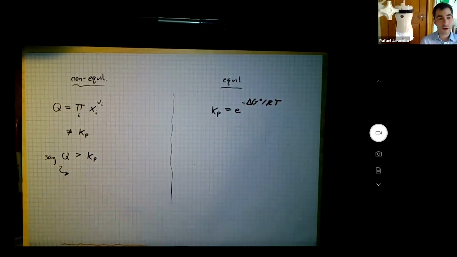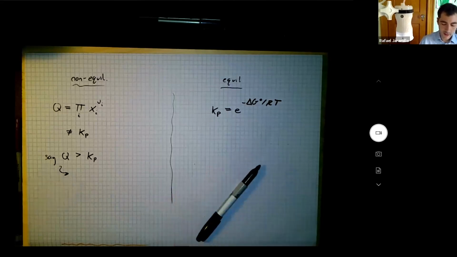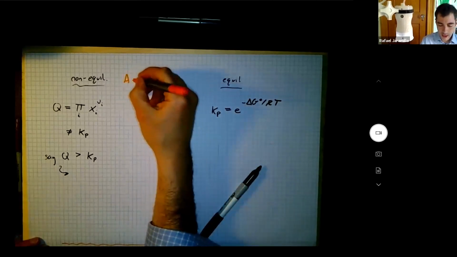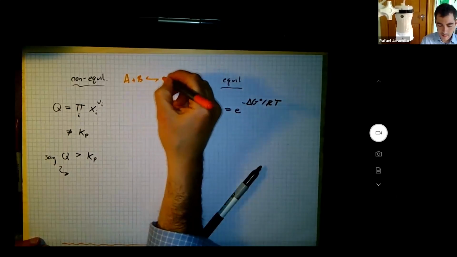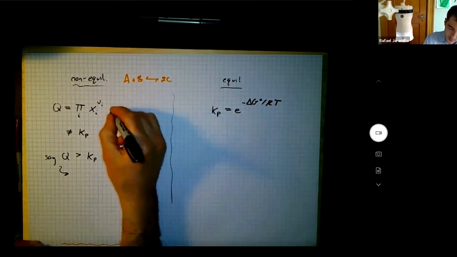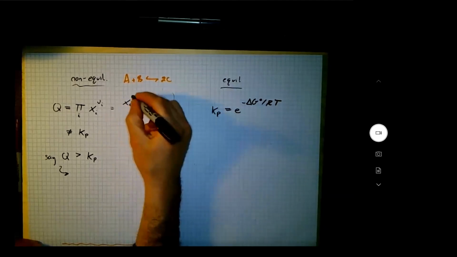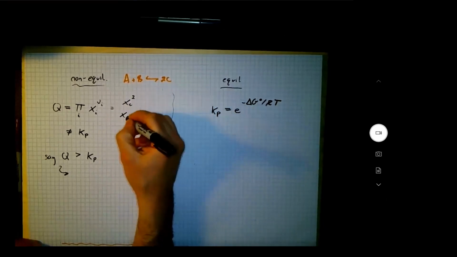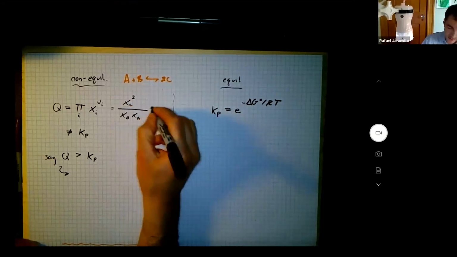If the numerator is too large or the denominator is too small relative to equilibrium, what direction will the reaction run? And we can answer the question thinking specifically about this case. Would it go to the left towards the reactants?